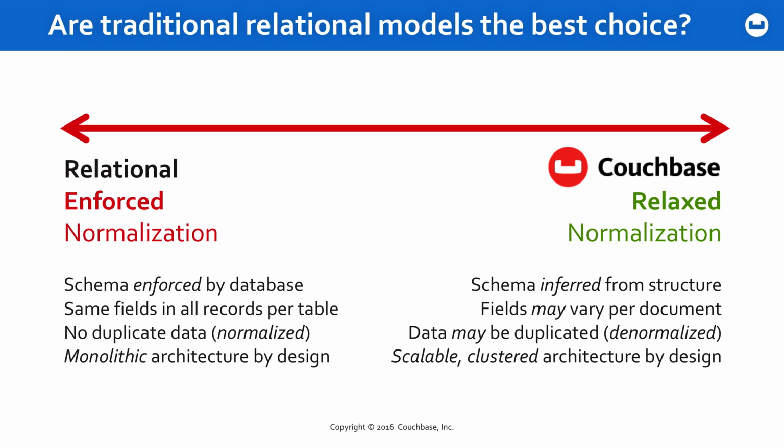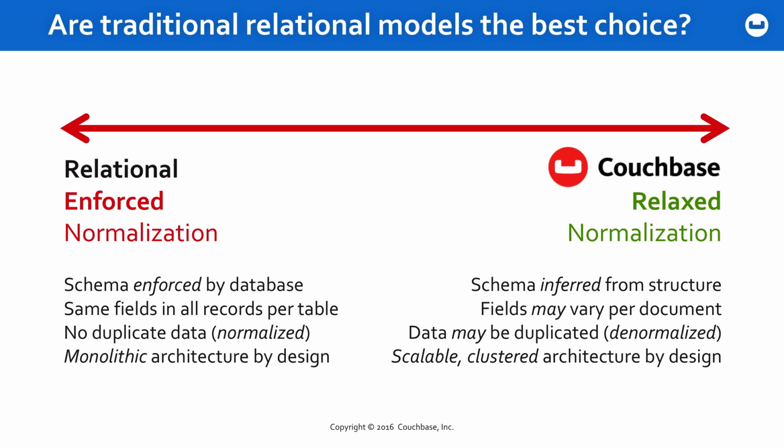So in the enforced normalization approach, you have a monolithic architecture by design in the relational world because you're always joining data in memory. Well, if you have to deal with joins in memory, that means you need some very big hardware, and it better keep growing over time. By contrast, in the relaxed approach that Couchbase takes, the architecture is scalable and clustered.